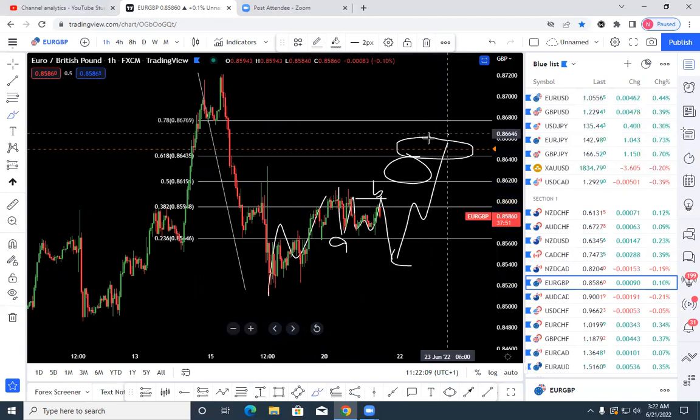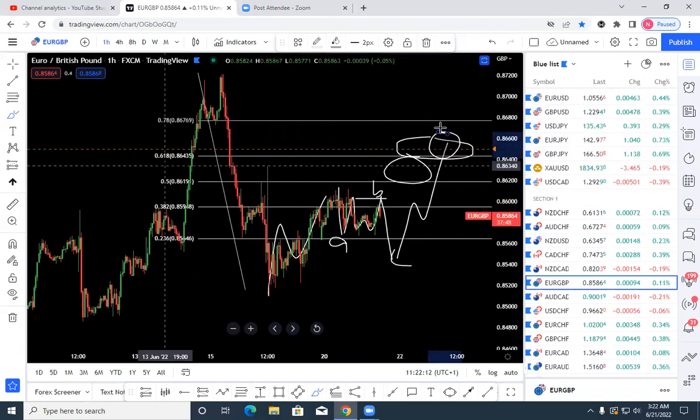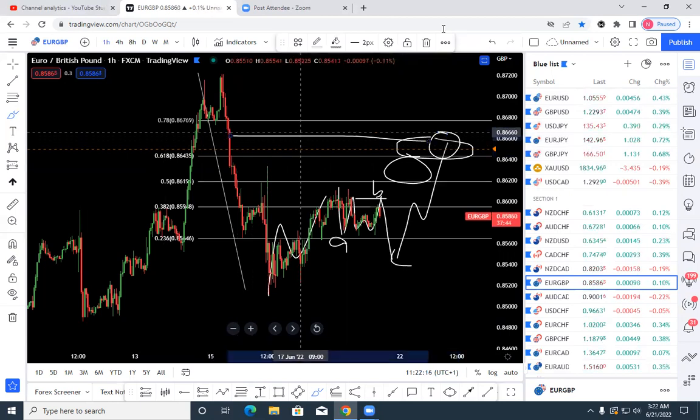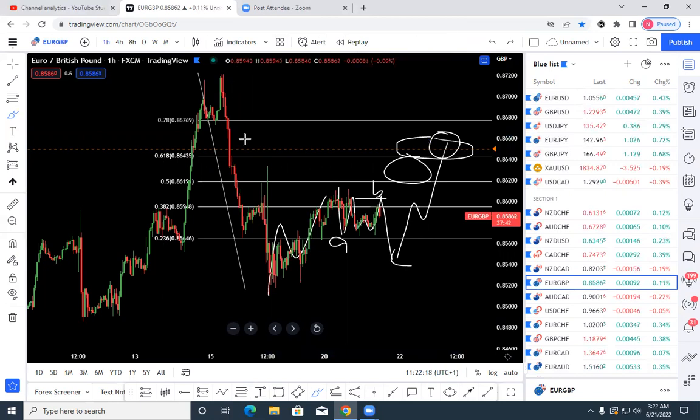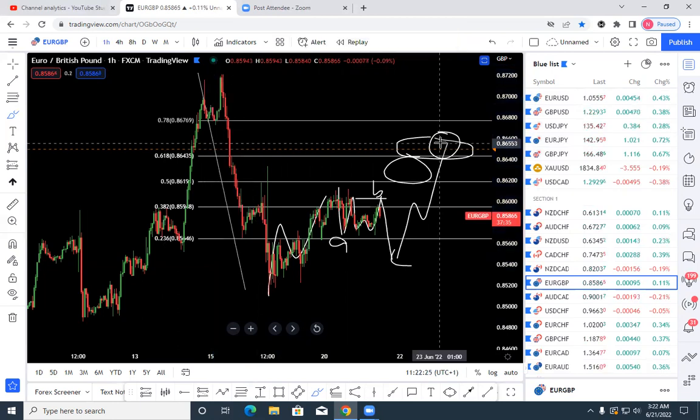When this one ends here, guys, you have to look left. That's the rule again. When you look left, you see that there is a supply area. In this whole impulsive leg to the downside here, just show me which candle is the biggest along the structural area. Where is the structural area? The area that corresponds to our 50 to 61.8 is the structural area.